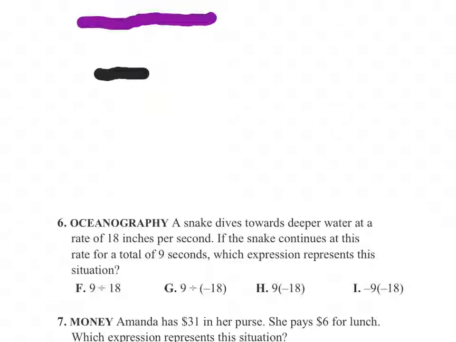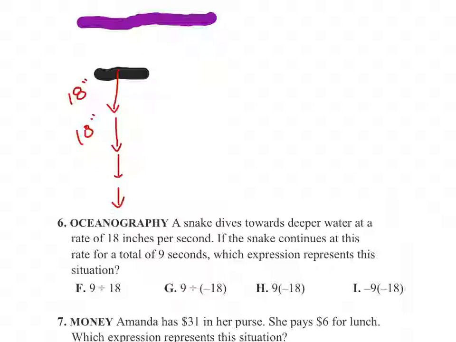But we do know it's going to go down deeper into the water 18 inches every second. So in 1 second, he's gone down 18 inches. Well, in 2 seconds, he's gone down another 18 inches, which gives us 36, right? And then 18, and then 18. This is going to happen 9 times because it's 9 seconds.